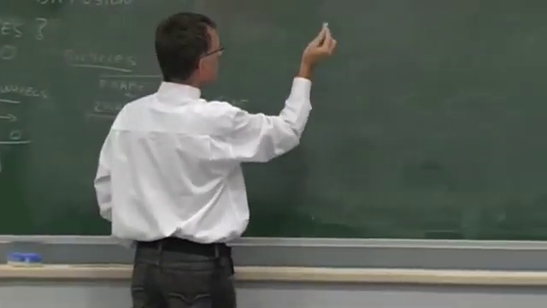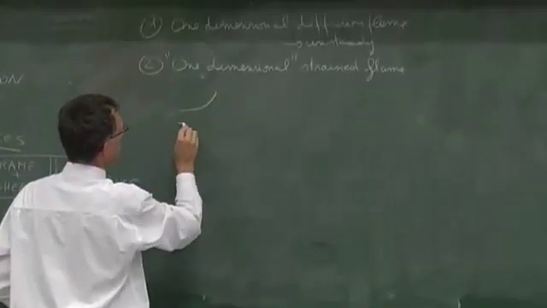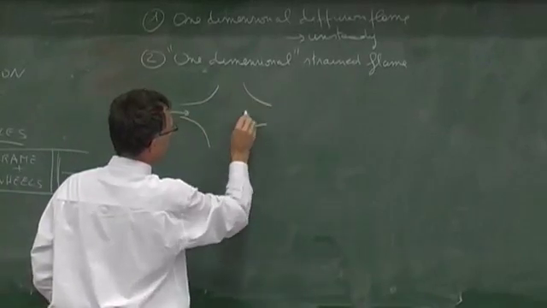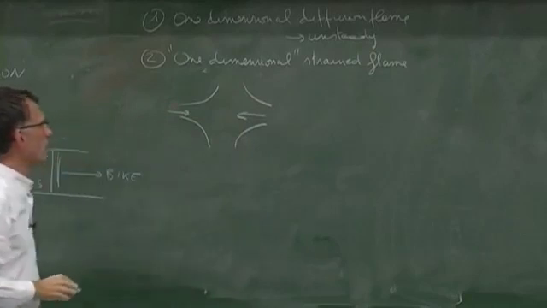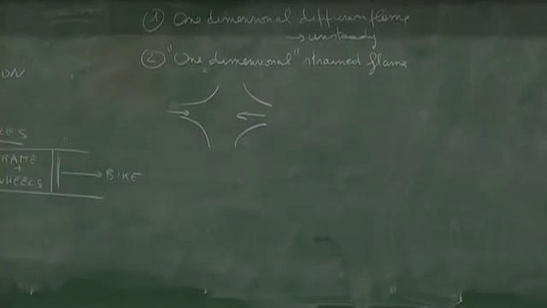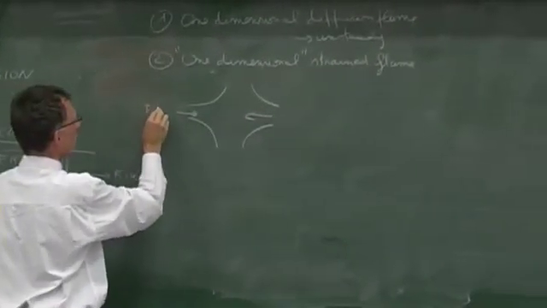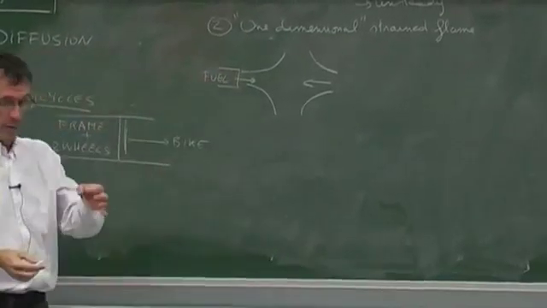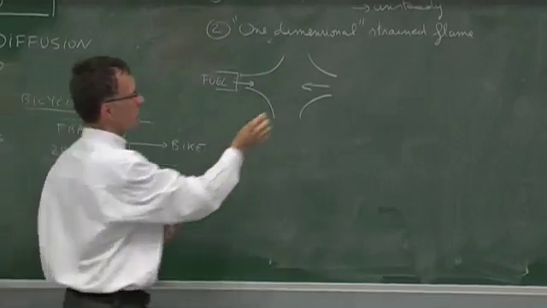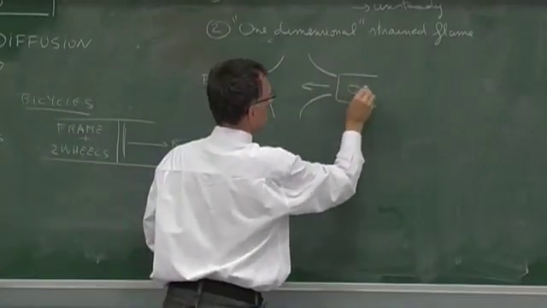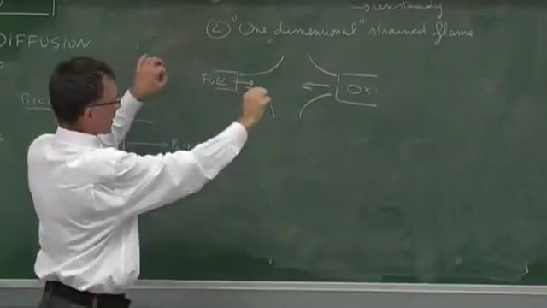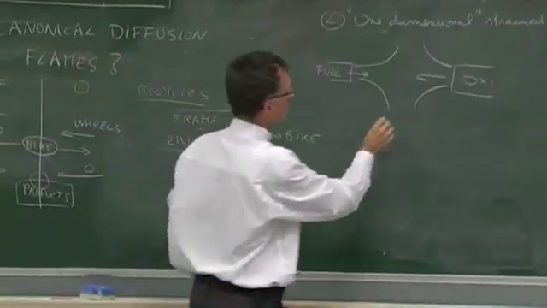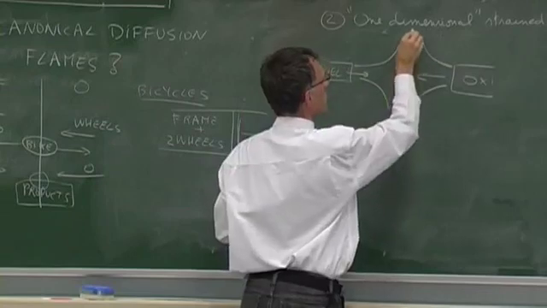Strain is a method to do flames. So typically what you do in a strained flame, you inject fuel here, for example with a jet. You put simply a tube like this, and on the other side you put another tube where you inject the oxidizer, like this, and they blow against each other. And you will have a diffusion flame here.